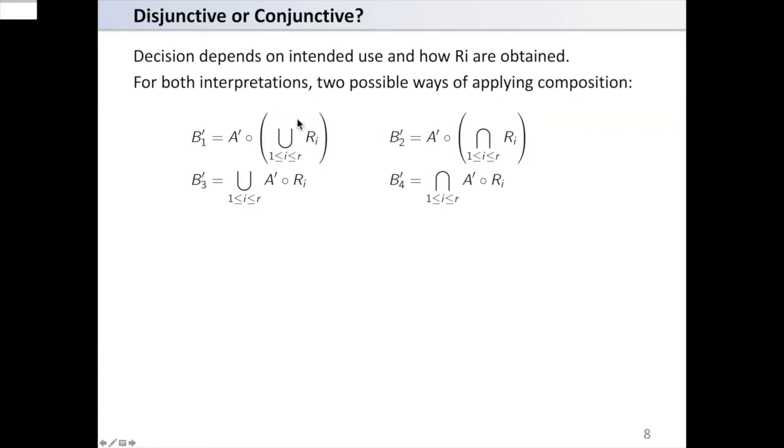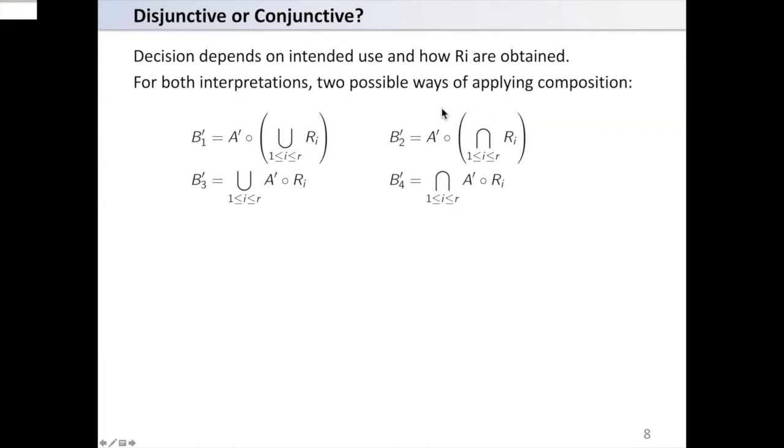First we take the union and then we apply the composition. Or for each rule, we apply the composition and then find the union. Both can be used for finding the solution for the disjunctive form.